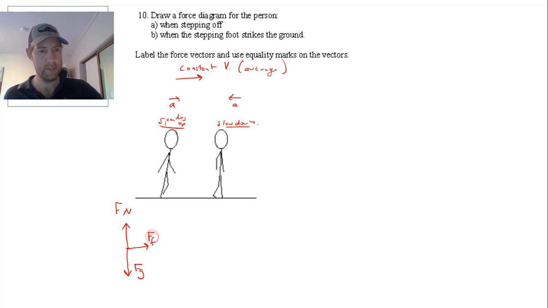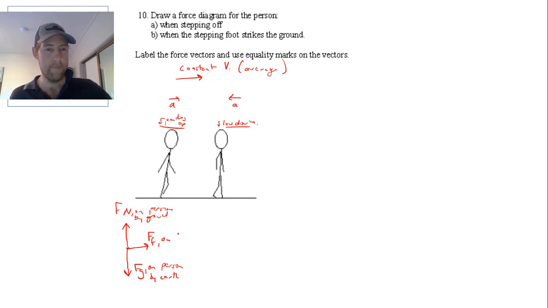So I'm going to put this as FF, friction, but I know really it's traction. So gravity on person by Earth, normal on person by ground, and this is a traction force on the foot by ground.